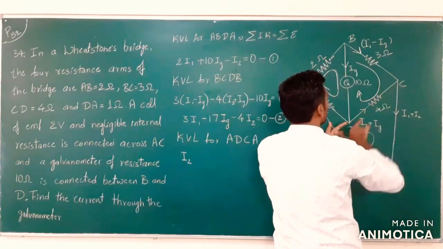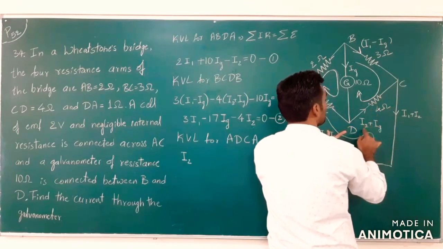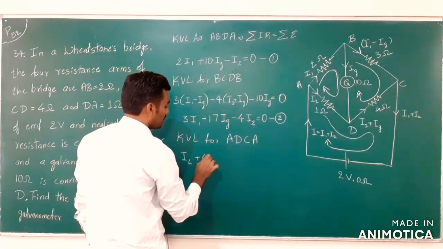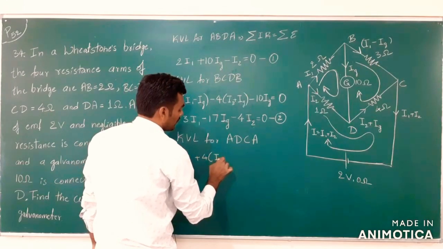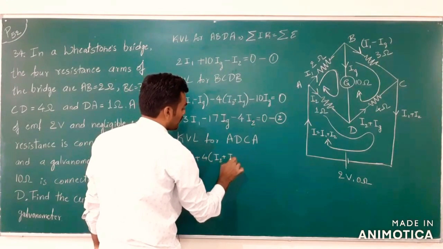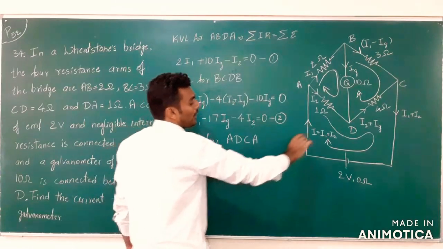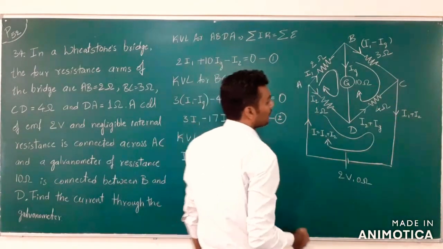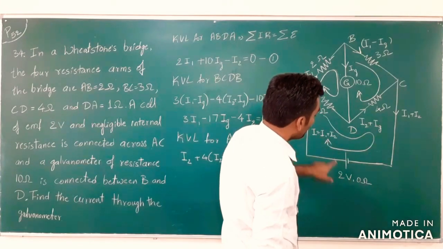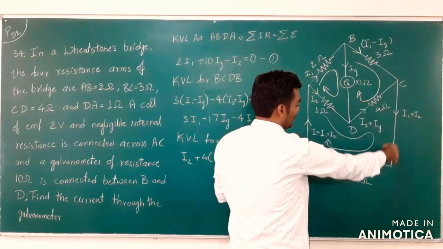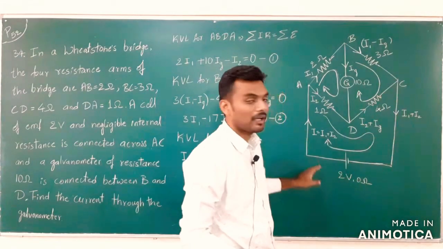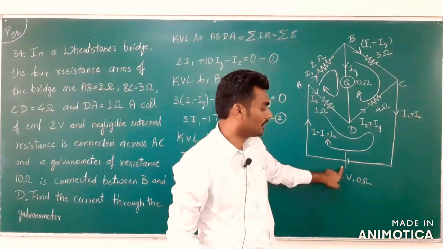So D to C, same direction, current is I2 plus Ig, resistance is 4 ohm. So it is plus 4 times I2 plus Ig, and then from C to A again. When we go from C to A again, we do not have any resistor connected here between C and A, right? But we do have a cell here, right?